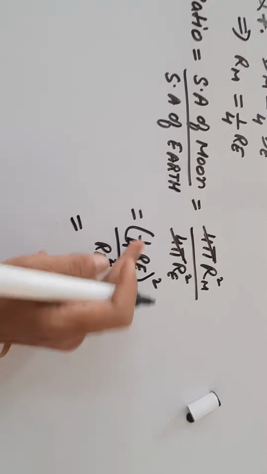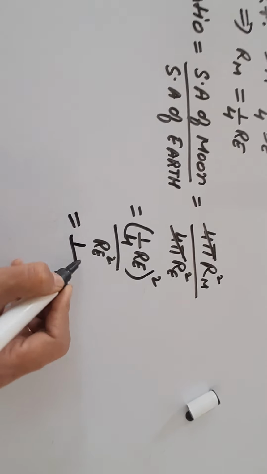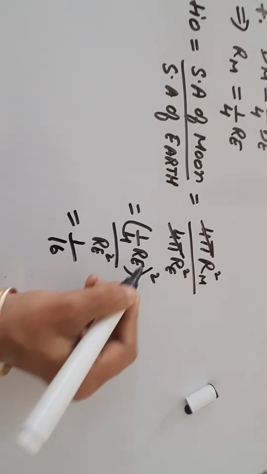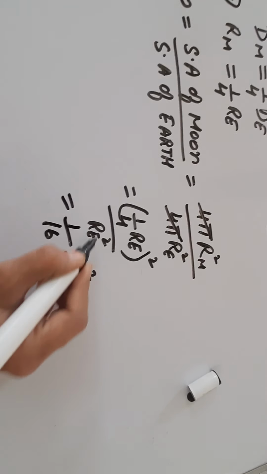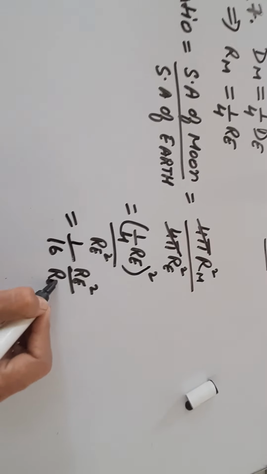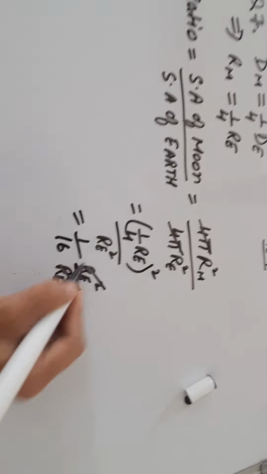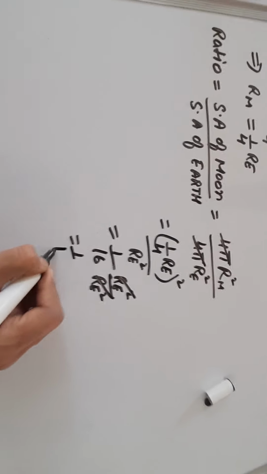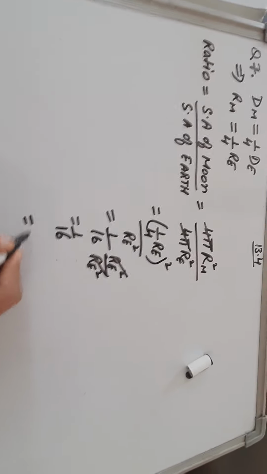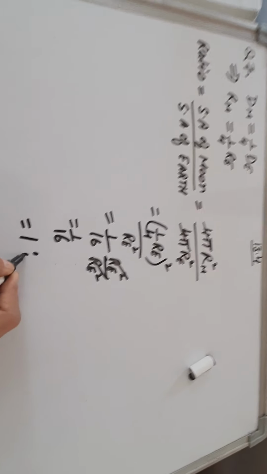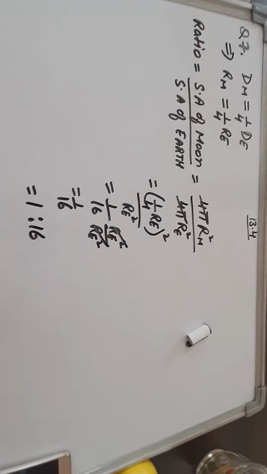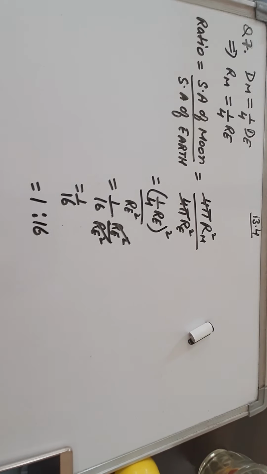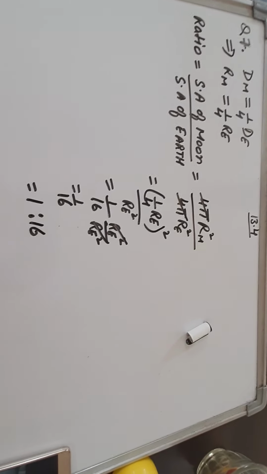So let's find out the square. 1 square is 1, 4 square is 16. Radius of earth square by re square just cancels out, and you will be left with 1/16. That means the ratio of the two surface areas is 1:16. So I hope the question is clear to you.